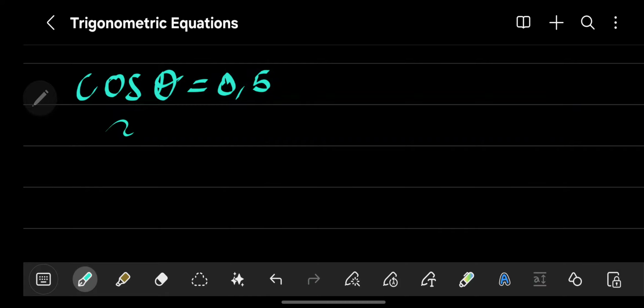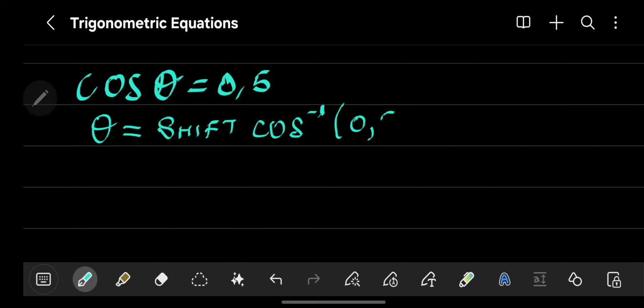You're simply going to say that theta equals, then you go on your calculator and press shift, then you press your cosine, and it will open the bracket for you. You just put 0,5 in the bracket.